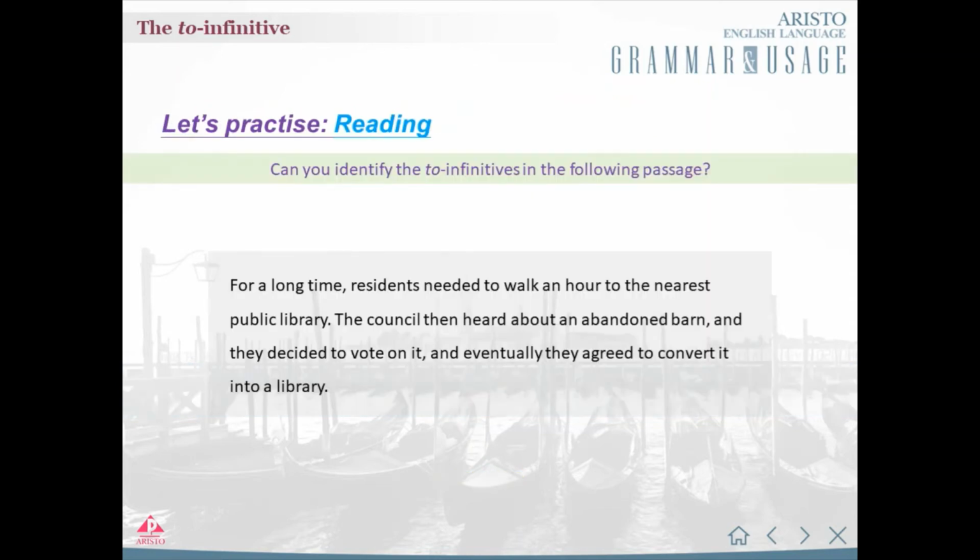Now that we have covered how and why we use the to-infinitive, let's practice reading. Can you identify the to-infinitives in the following passage?